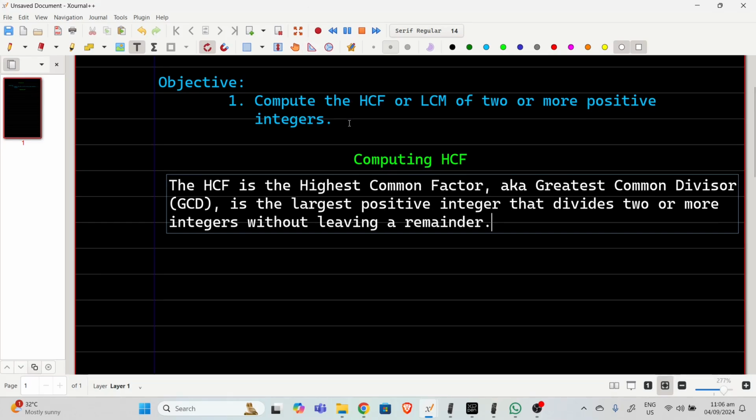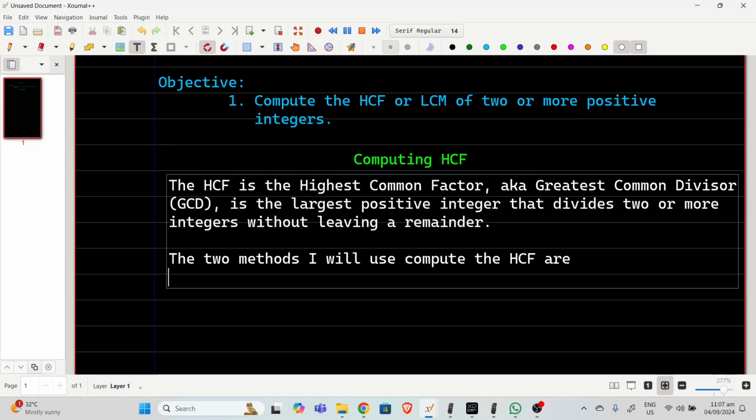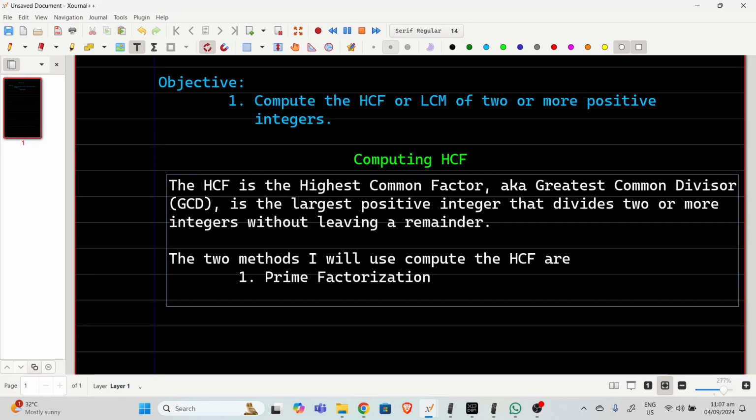And there are usually about two methods that I would teach to calculate the HCF. The two methods I will use to compute the HCF are, first one is prime factorization, and the next one is division method.